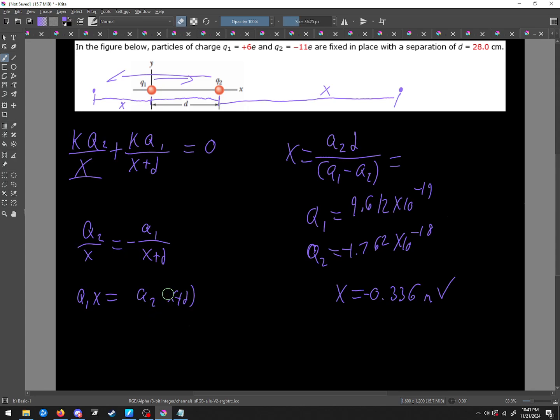And this becomes Q2x plus Q2d, which then equals Q2x. We pull the x out, and it's Q1 minus Q2 equals Q2d.